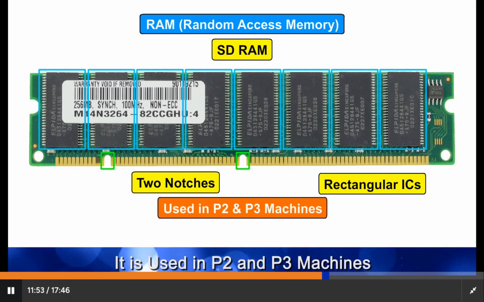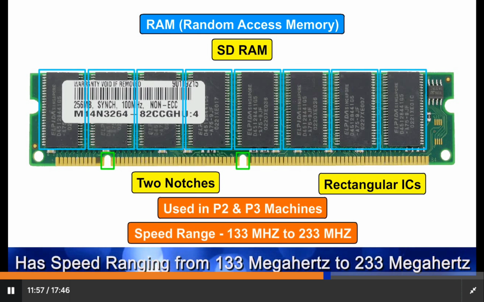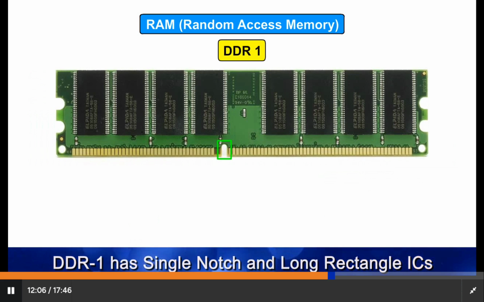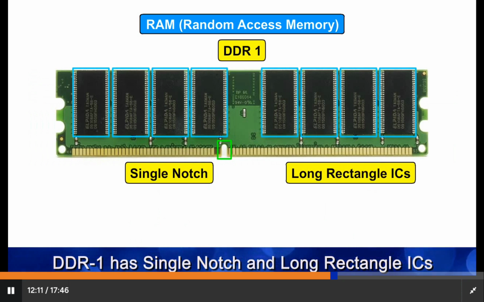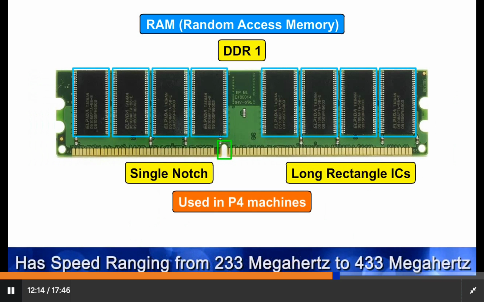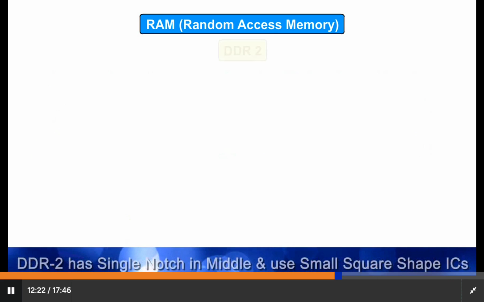It is used in P2 and P3 machines and has a speed ranging from 133 MHz to 233 MHz. DDR1. DDR1 has a single notch and long rectangle ICs. It is used in P4 machines and has speed ranging from 233 MHz to 433 MHz.